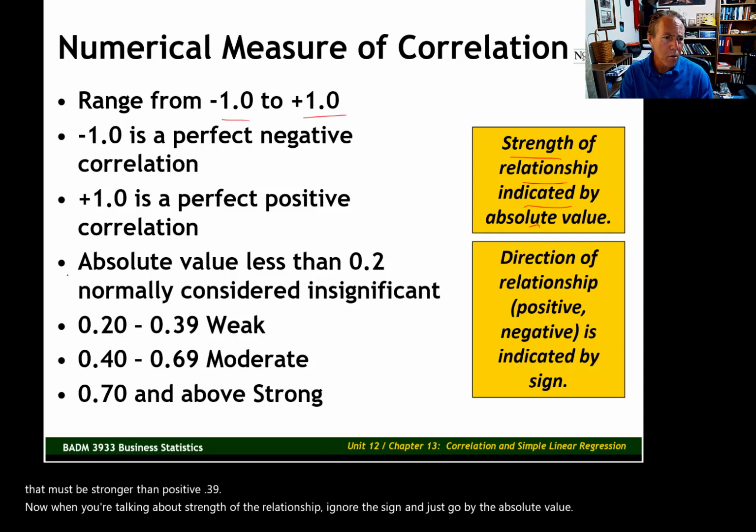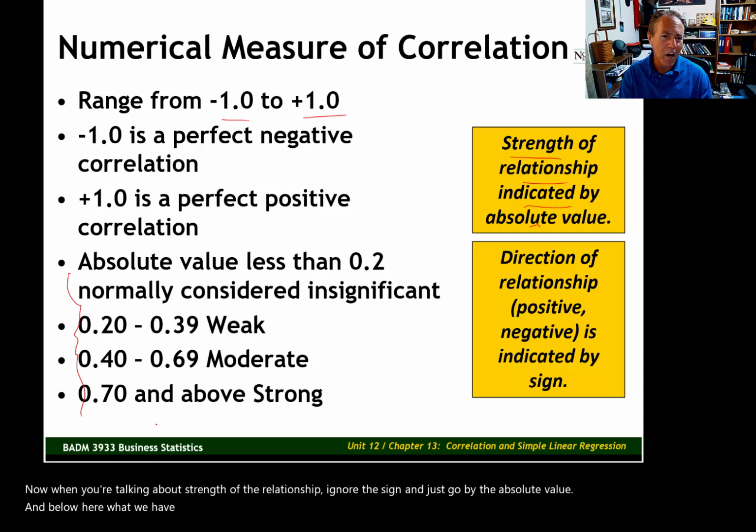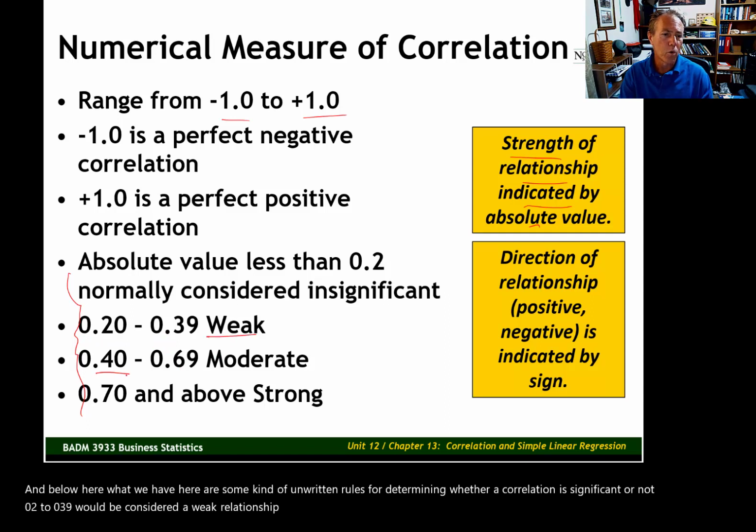Below here, what we have are some unwritten rules for determining whether a correlation is significant or not. 0.2 to 0.39 would be considered a weak relationship, generally speaking. 0.40 to 0.69, a moderate relationship. 0.7 and above is generally considered a strong relationship.